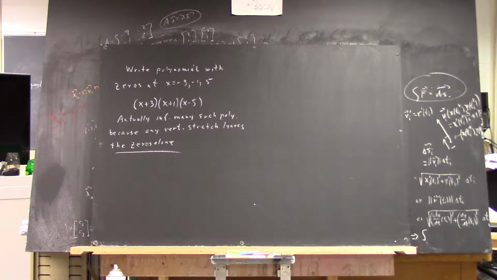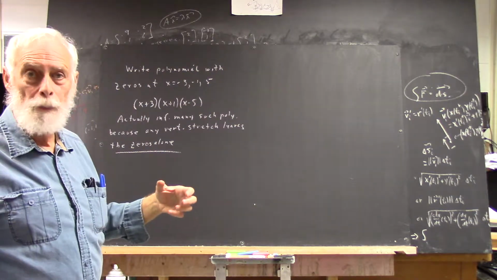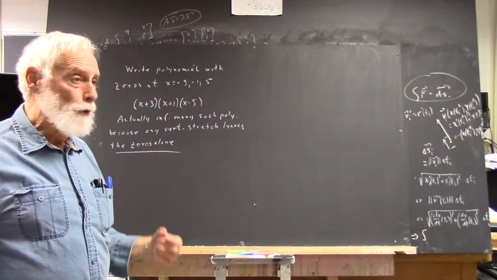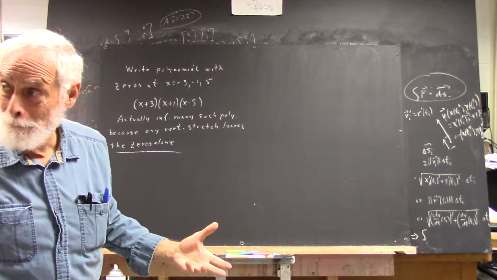When you vertically stretch, you move something that many times further from the x-axis. The zeros are on the x-axis. They don't move anywhere, right?